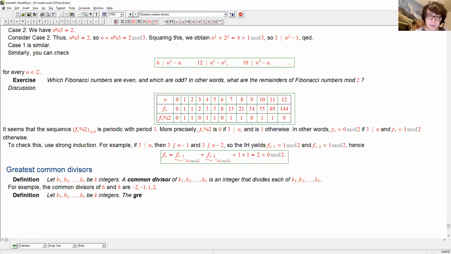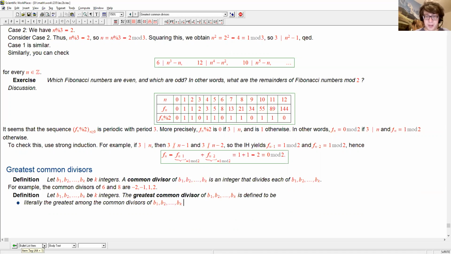The greatest common divisor of these k integers b1 up to bk is defined to be literally the greatest among the common divisors. That's what you would expect it to be if not all of these integers are 0.